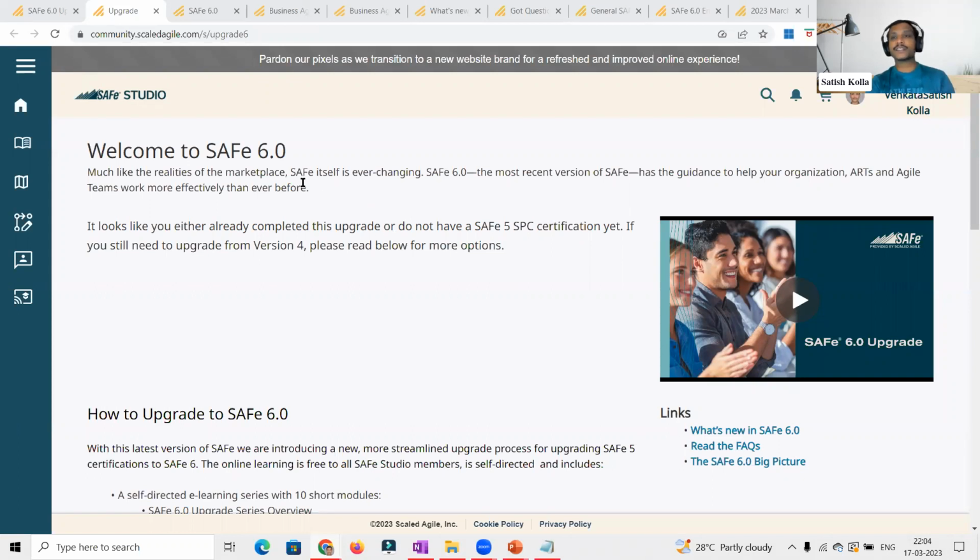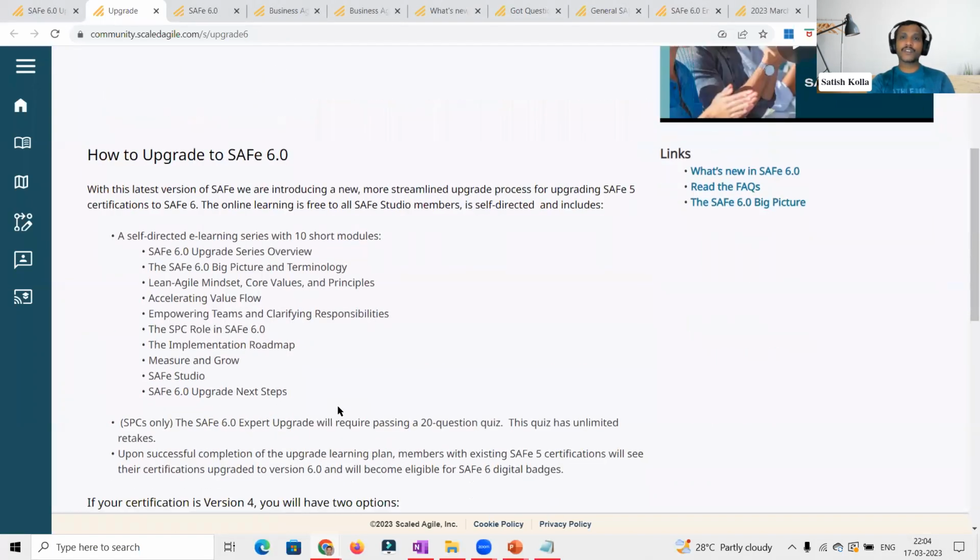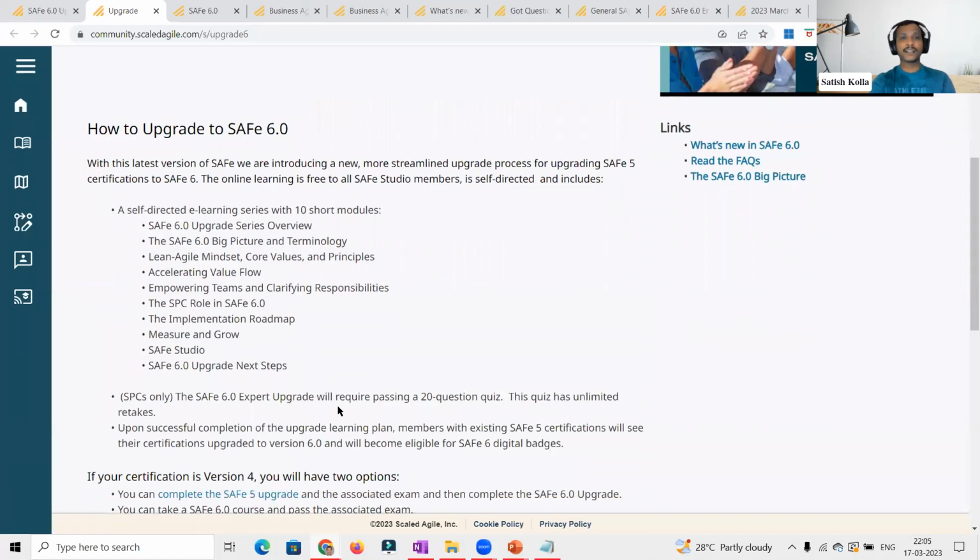Another point is regarding the SAFe 6.0 upgrade. If you're already certified in any of the previous versions, the guidance, information and required material are provided. We will share the URL as well so that you can go through it. Self-directed, self-paced pointers are provided as part of 10 short modules based upon your available course or certification.